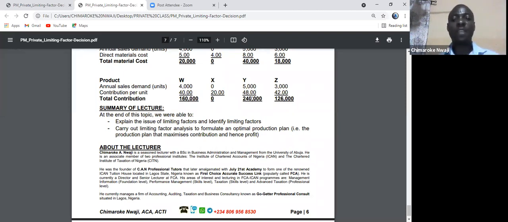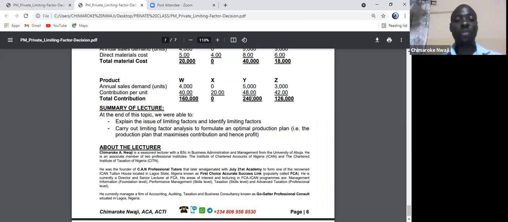Step 5 is to do your ranking. Your ranking is based on step 4. Rank accordingly in descending order, so the one with the highest result is ranked first and the one with the lowest result is ranked last. Step 6, make your production plan according to your ranking.